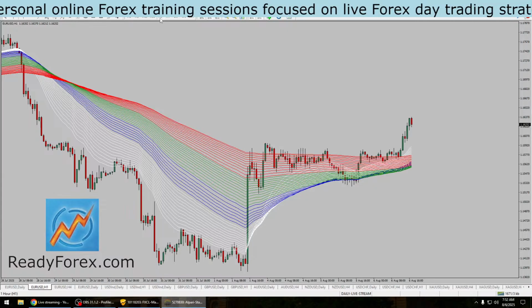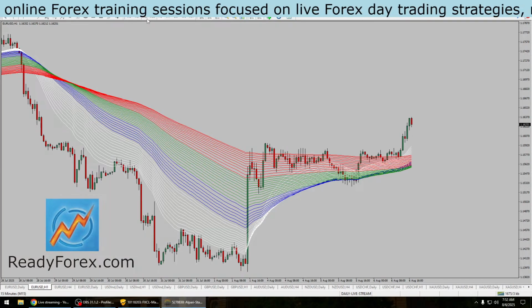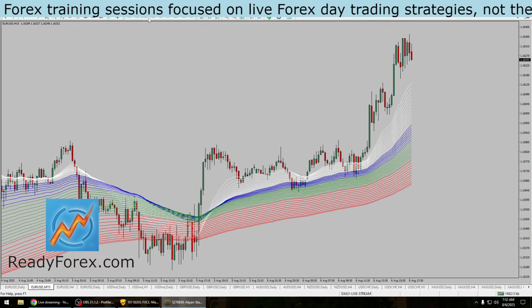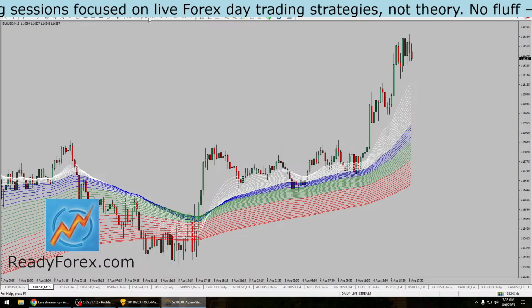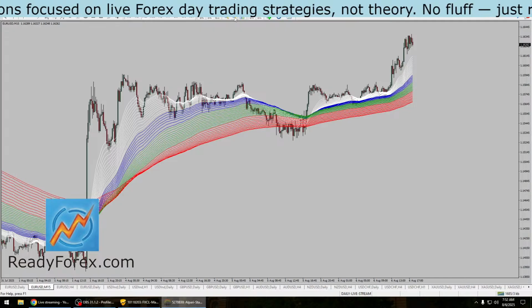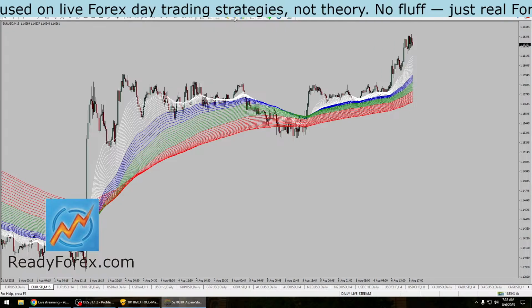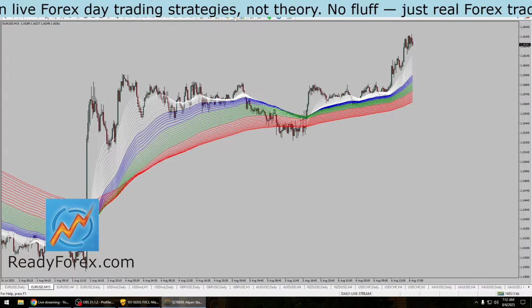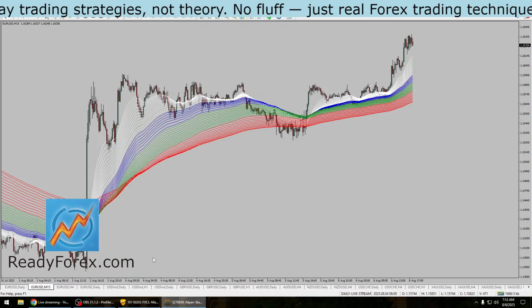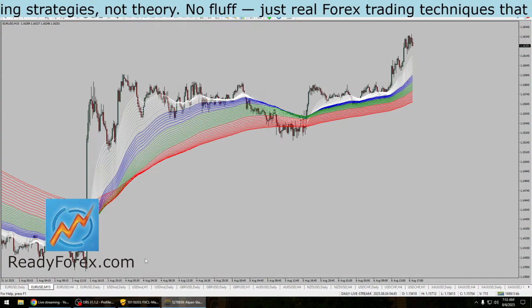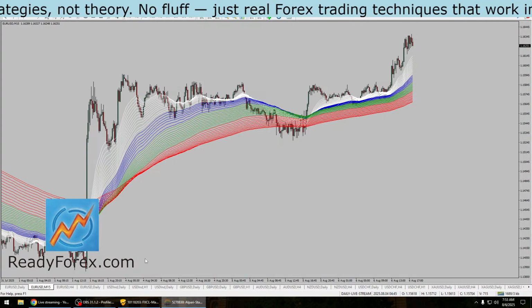It was bearish, but it's now turning bullish. So the 15 minutes time frame is probably going to show us a bullish crossover. Yes, here it is. It looks bullish over here.